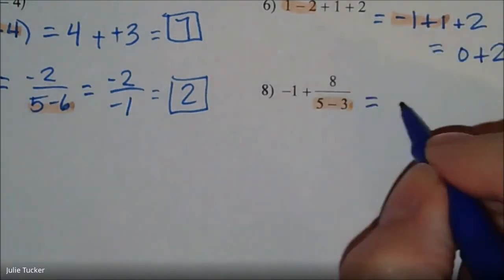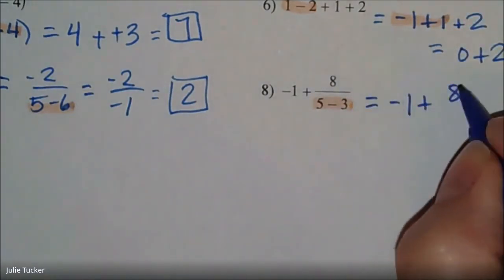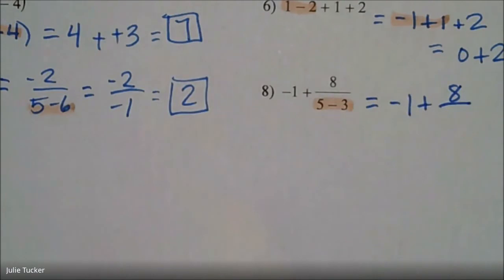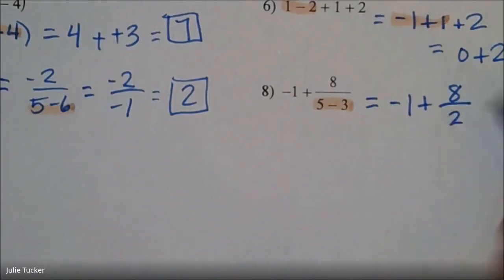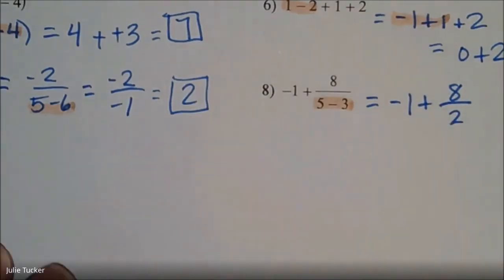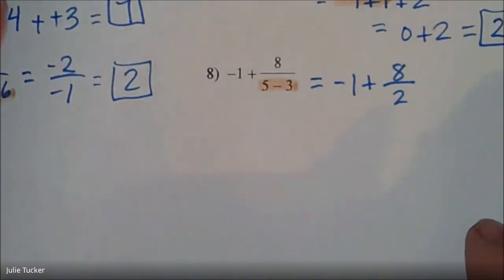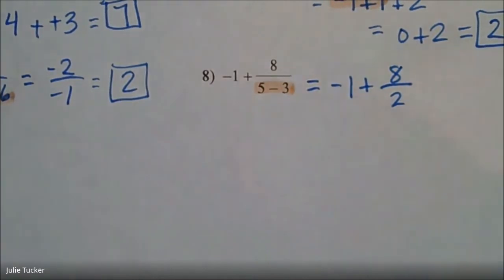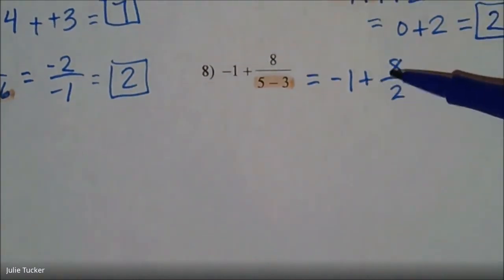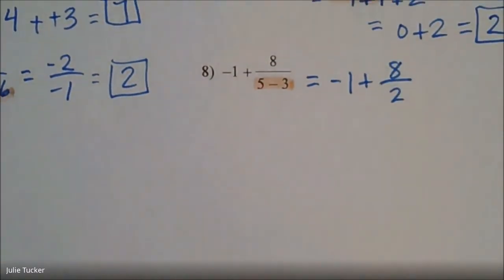So then you have -1 plus 8 over, what's 5 minus 3? Good. Now what do I do? If you have addition and division, you were saying 8.